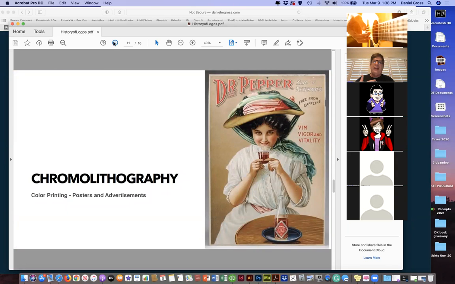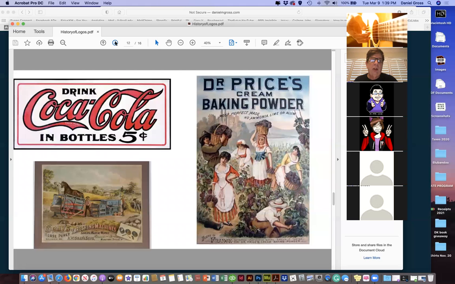We start to get into color printing, and logos became not just black and white, but color. We could start to get printing of this level, and you start to see logos. This is an early Dr Pepper ad with the Dr Pepper logo on it.